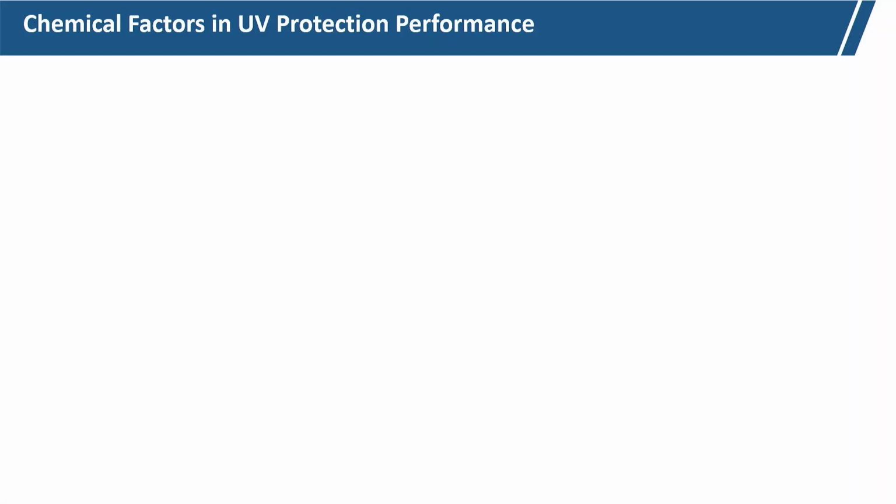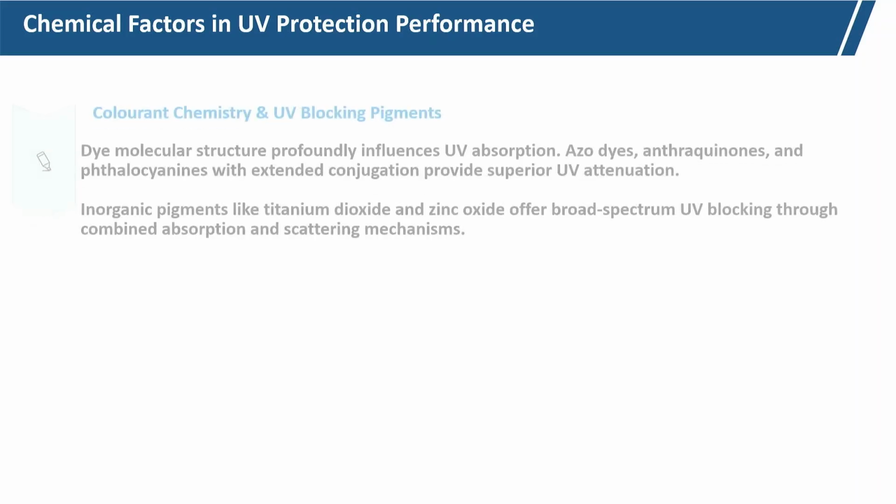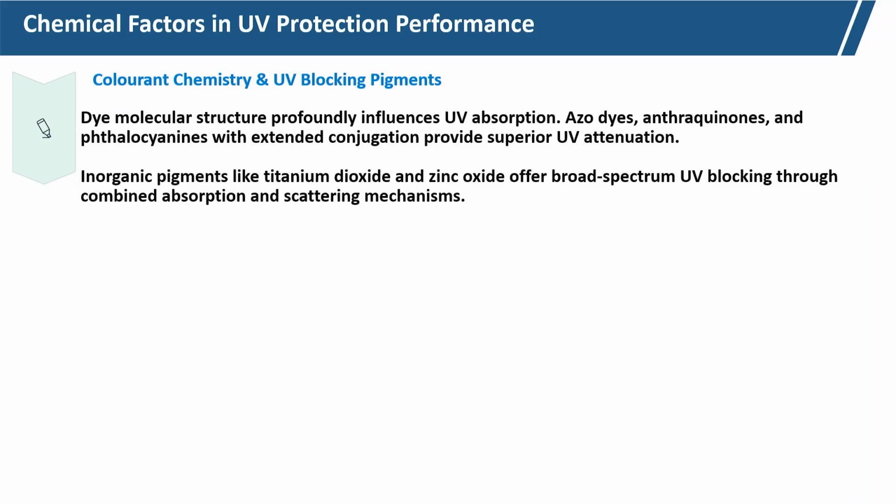The chemical factors in UV protection performance: what are the different types? Different colorant chemistry and UV blocking pigments are used. If we use different colors, that will change the UV protection performance.